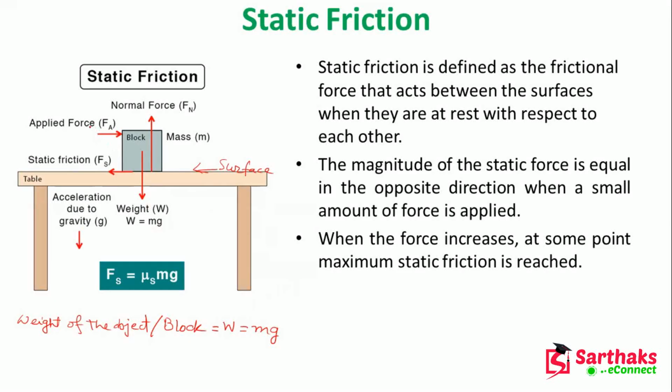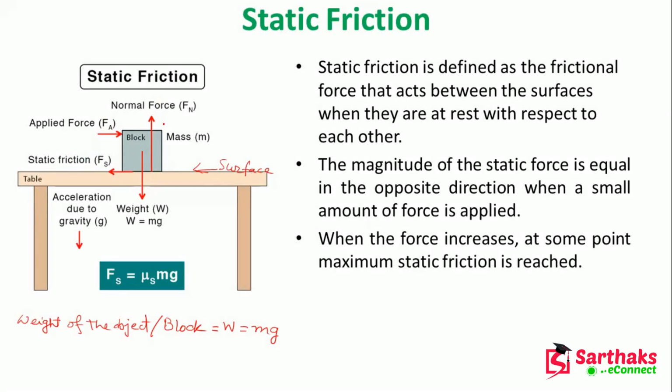Now, if you apply the force, that is Fa, then this force should overcome your static frictional force, otherwise you cannot move the block anywhere. And whenever the weight acts in the downward direction, at that time the normal force acts in the upward direction, as we know the normal force is N.